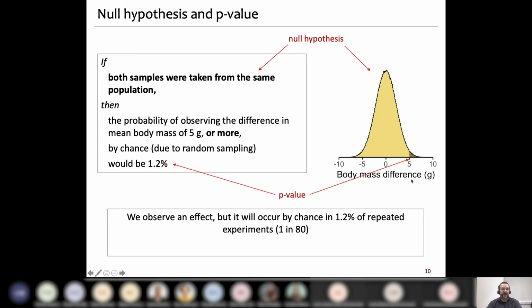And this is the p-value. This is this tail probability marked with a dark shaded area.